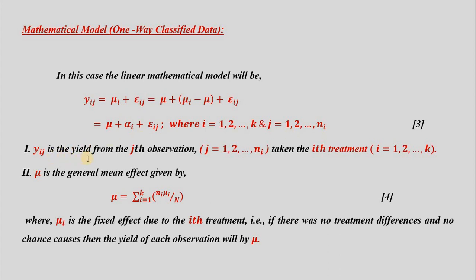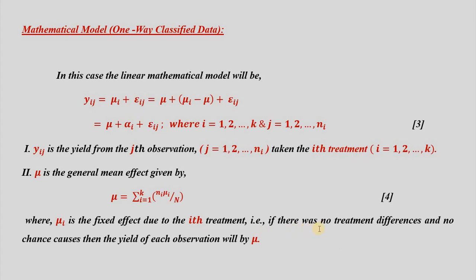Here Yij is the yield from the jth observation taken from the ith treatment, and mu is the general mean effect given by mu equal to summation i from 1 to k ni mu i by capital N. Here mu i is the fixed effect due to the ith treatment.